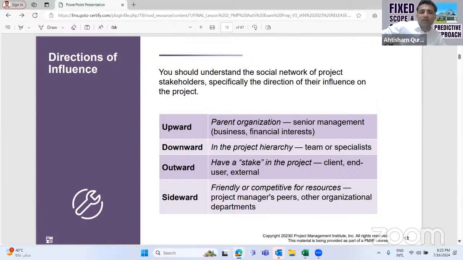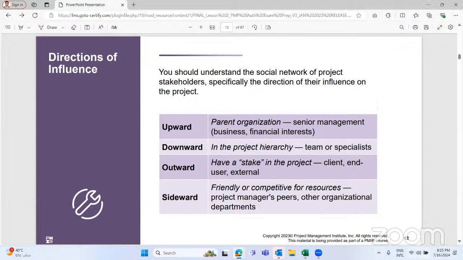Then the clients, the people we work with, the partners, and external stakeholders like the end users: this is an outward influence that we may have. It goes in both directions, right? The people influencing the project positively or negatively, and the project outcomes helping them positively or negatively.